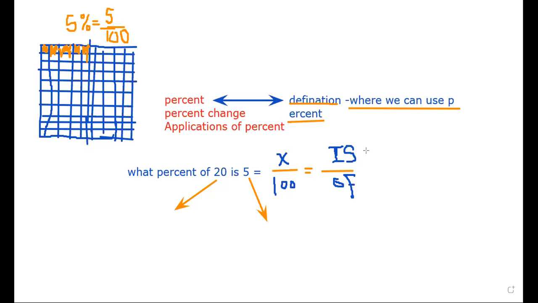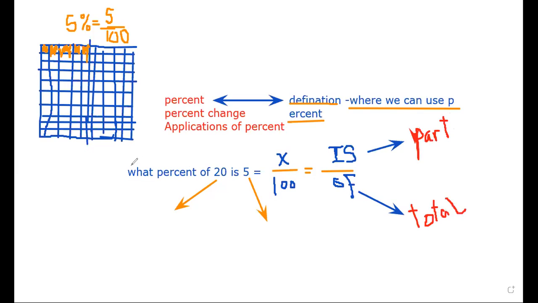"Is" is donated for part. The word which comes after "is" represents the part. And the word which comes after the word "of" represents the total.